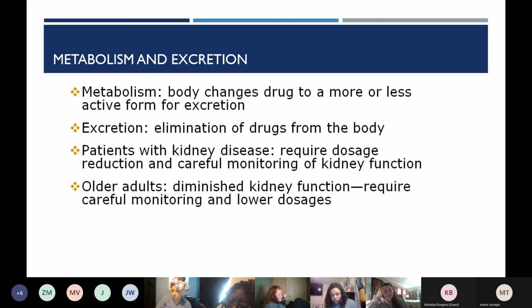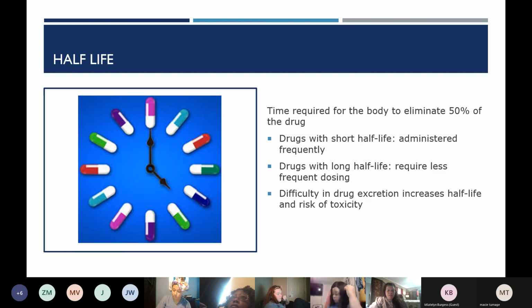Okay, metabolism is when the body changes it, like I said, and excretion is when the body gets rid of the drug. Patients with kidney disease require dosage reduction and careful monitoring. And older adults usually fall into this category. All right, everybody still good?